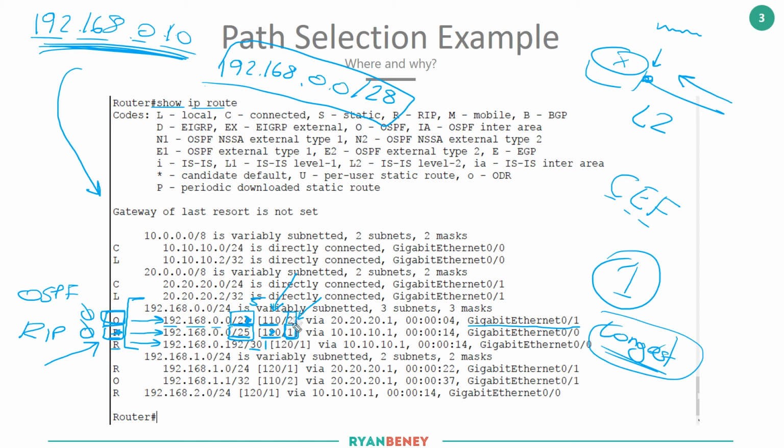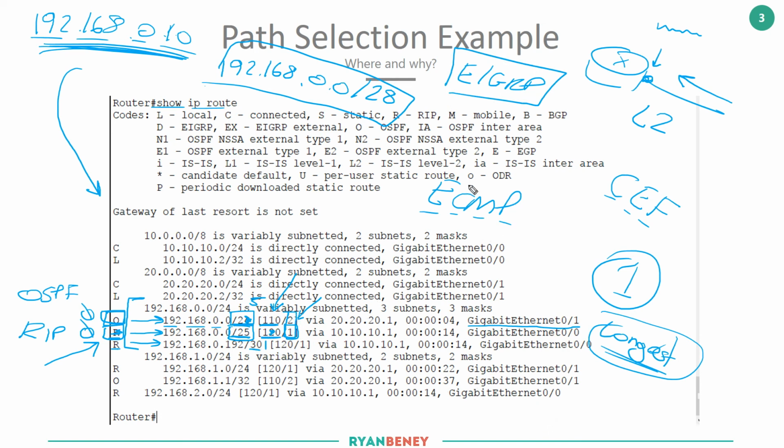If the metric is also the same, then it may decide whether it would do some sort of ECMP, equal cost multipath, which means both paths would be utilised, or if it's the case of EIGRP, it may use some sort of unequal cost load balancing depending on the metric.